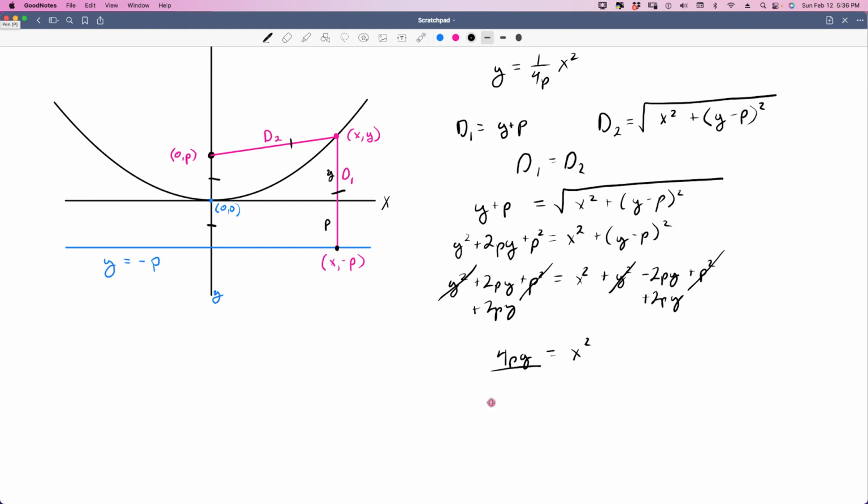Well, I want to have y by itself, right? That is how we write functions, with y by itself. So I'm going to divide both sides by 4p. So y is equal to 1 over 4p times x squared, which is the same thing we have up here. That's how we get it. That's how we solve it. And that's how we know it is the accurate formula. That is your proof to understand where the formula comes from.